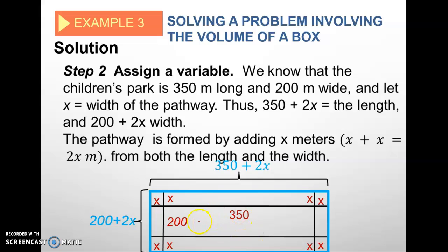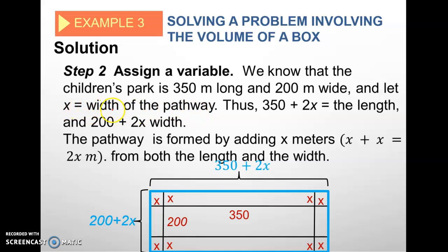It is also stated in the problem that there is a pathway that surrounds the playground or the park. We know that the children's park is 350 meters long and 200 meters wide, and with that we let x be the width of the pathway.